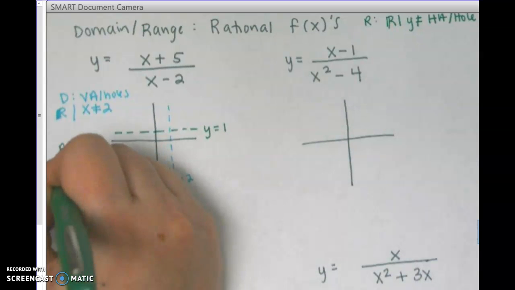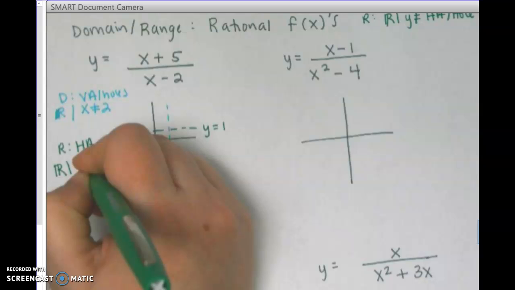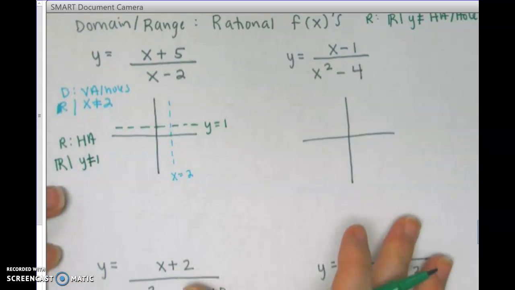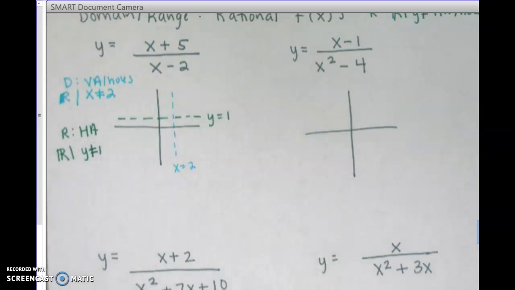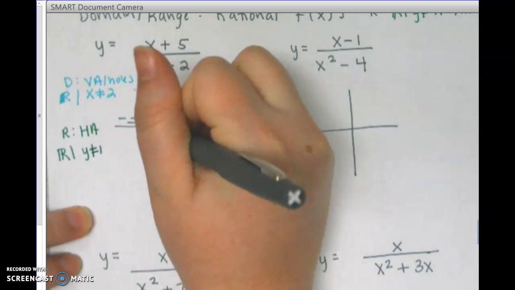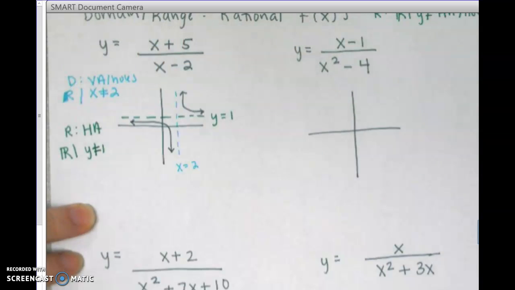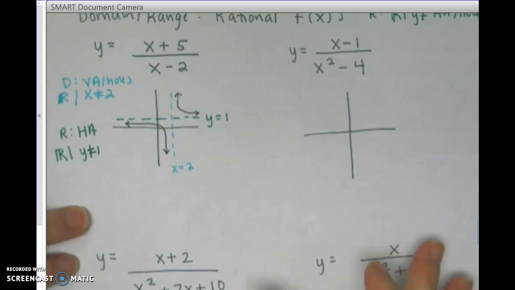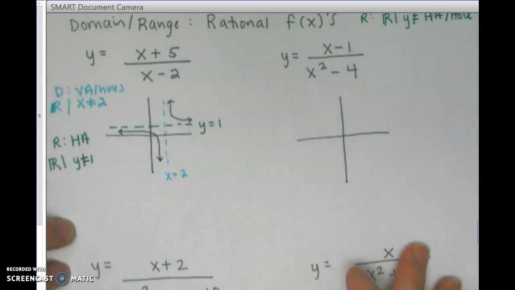So my range is all real numbers. y does not equal 1. And then this graph probably looks something like this.